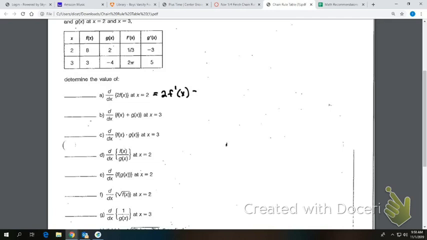Which would then equal 2 times f prime of 2, because I'm finding it at x equals 2. Here's x equals 2. What's f prime of 2? 1/3. So it'd be 2 times 1/3, which obviously gives me 2/3. See how I did that?